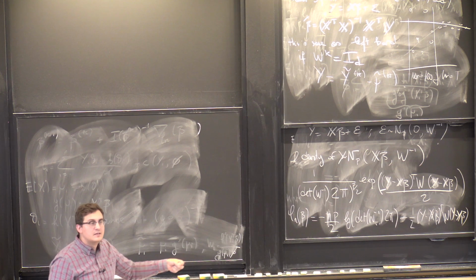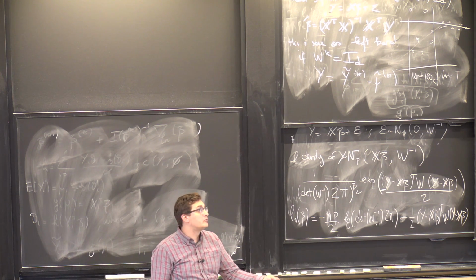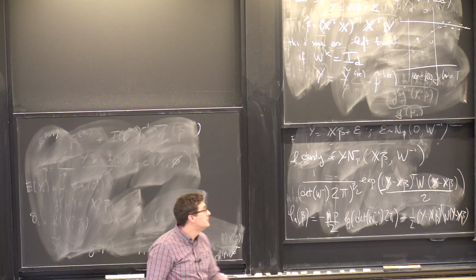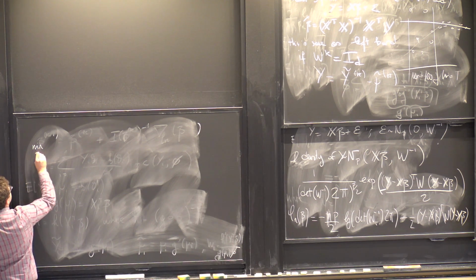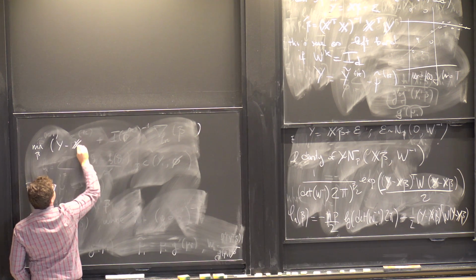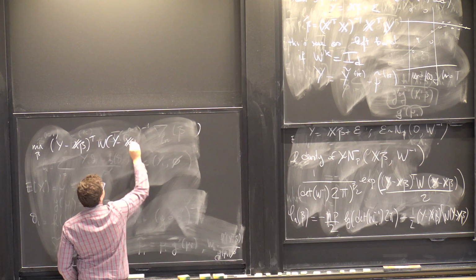All right? So in particular, I can talk about the square root of W, which is just the diagonal matrix with the square roots on the diagonal. And so I want to minimize in beta y minus x beta transpose W y minus x beta.